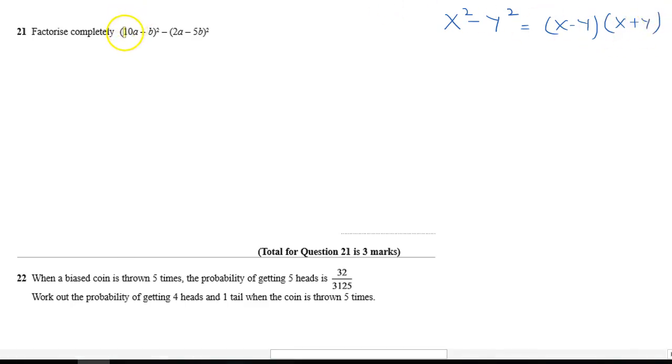And here this is x and this is y. So first x minus y. So this is x, 10a minus b. This is y, 2a minus 5b.